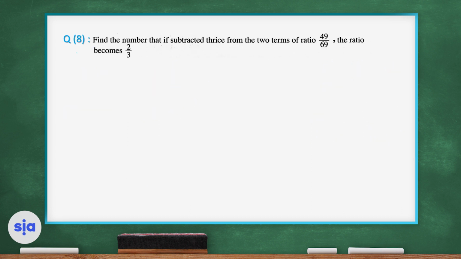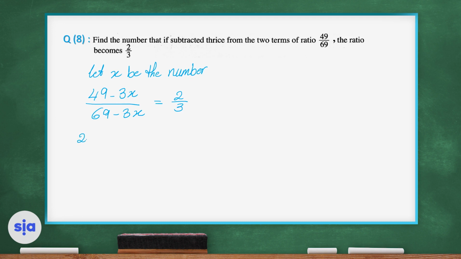Question 8. Find the number that, if subtracted thrice from the two terms of the ratio 49 over 69, the ratio becomes 2 over 3. Thrice means 3 times. So here, we're going to say that let x be the number, so we have 49 minus 3x over 69 minus 3x equals 2 over 3.